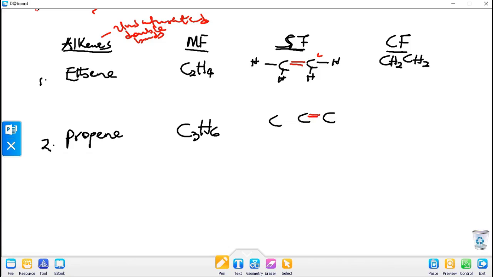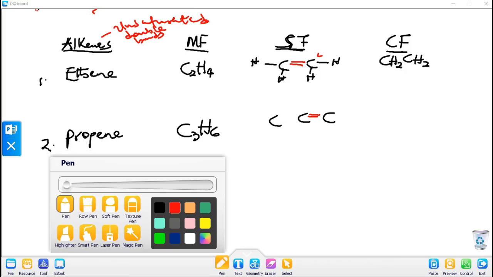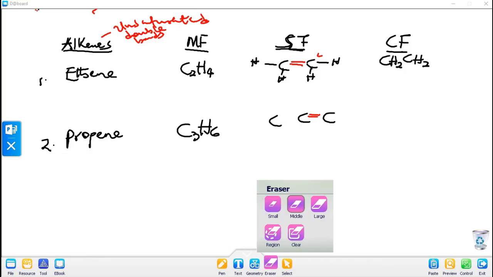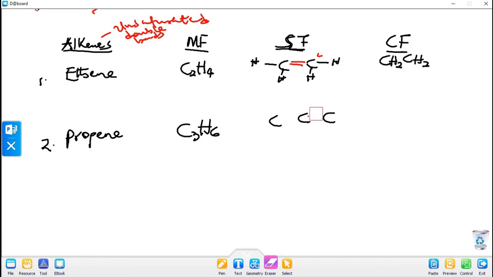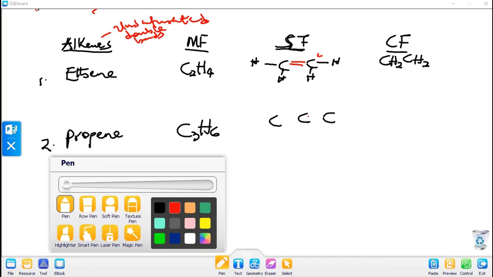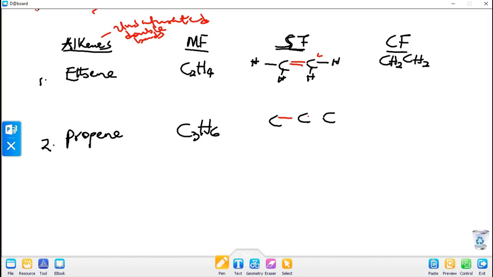Whichever you wish to place, there must be at least one double bond in that structure. So we can choose to place our double bond here, or we can choose to place it there. Let's choose to leave our double bond as it is now.